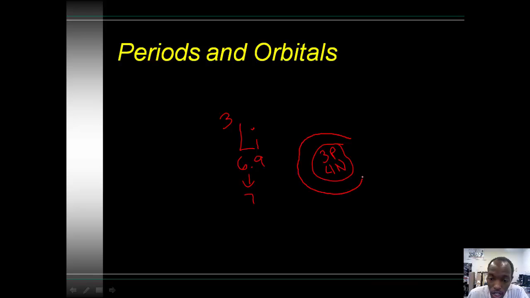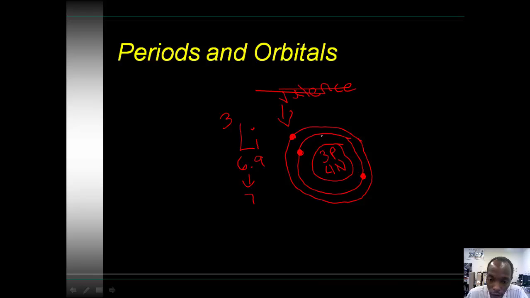So we have our first orbit, which contains 2 electrons, and then we have to draw one more because we need 3, and that first orbit only holds 2. And then we have one more electron. That's our valence electron. But what periods tell us is how many orbits.